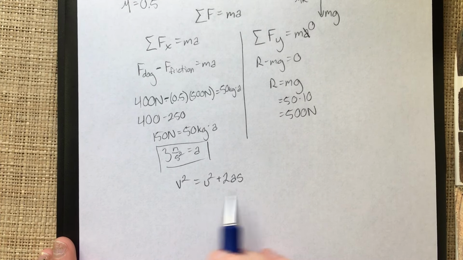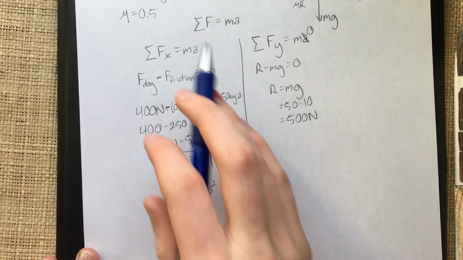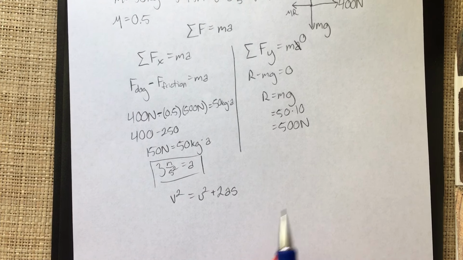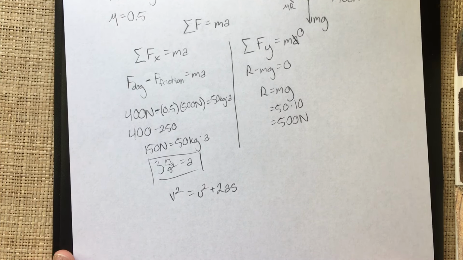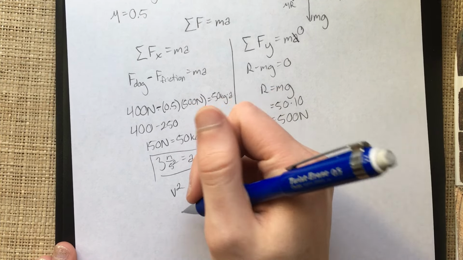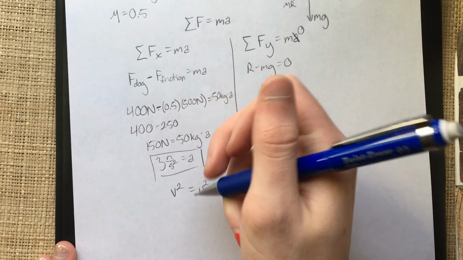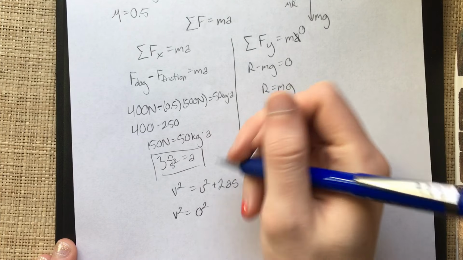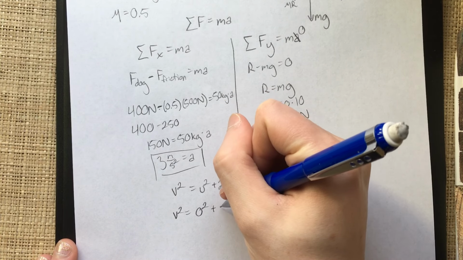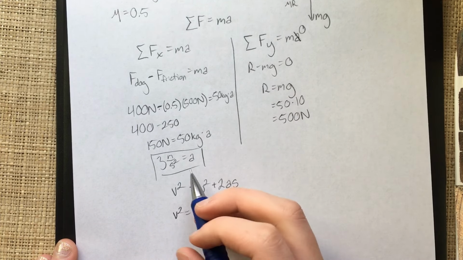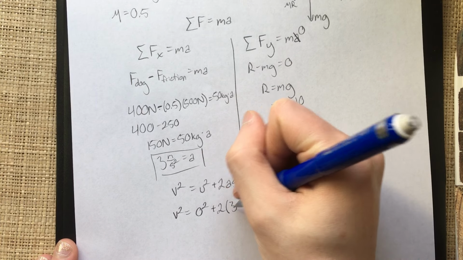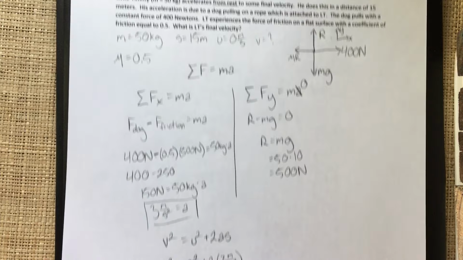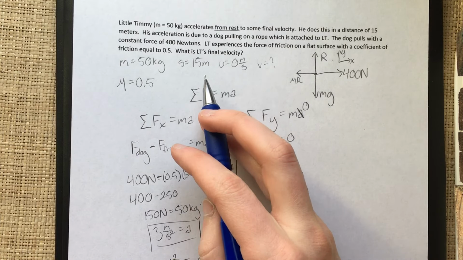And we have all of these variables up here except for v, which is the final answer that we're looking for. So plugging everything we know in, we get that v squared equals 0 squared, because he starts from rest, plus 2 times the acceleration we just found, 3 meters per second squared, times the displacement, which the problem told us was 15 meters.